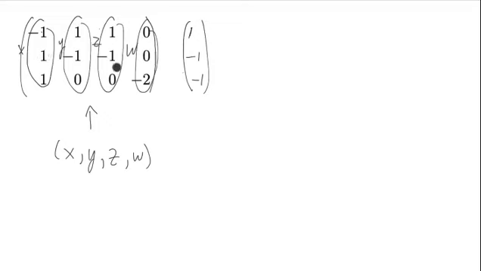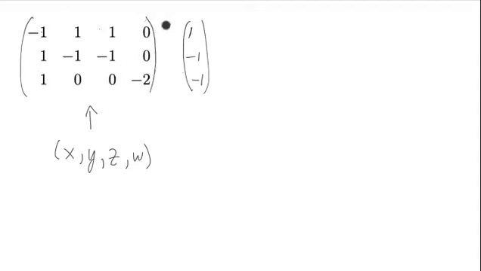So we end up getting the idea that we're plugging this into this matrix function. So we plug it in, writing x, y, z, w on this side, and that's going to be equal to this. Maybe we'll rewrite it over here so it gives us a little more space.